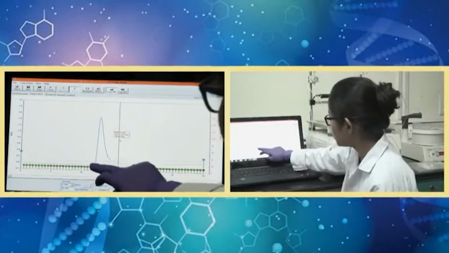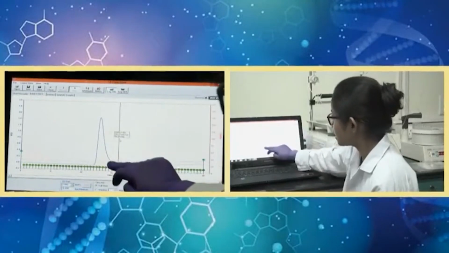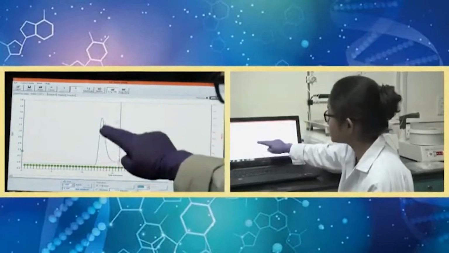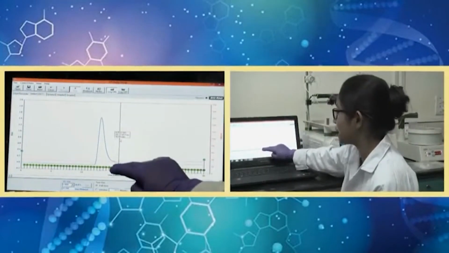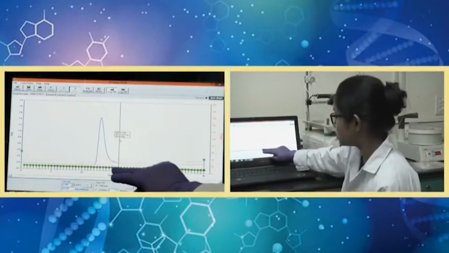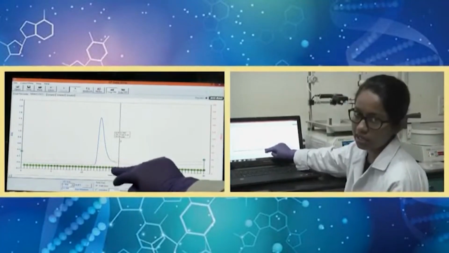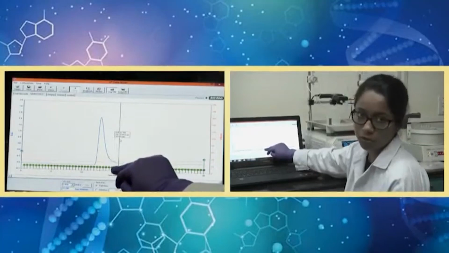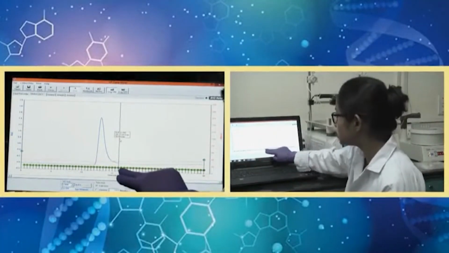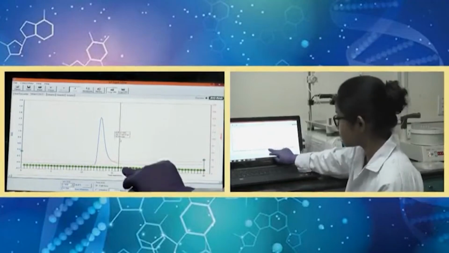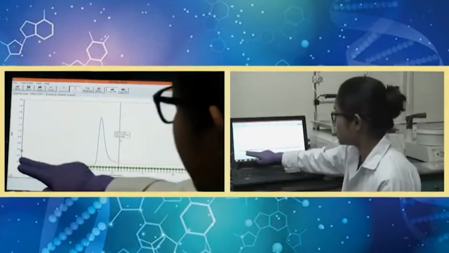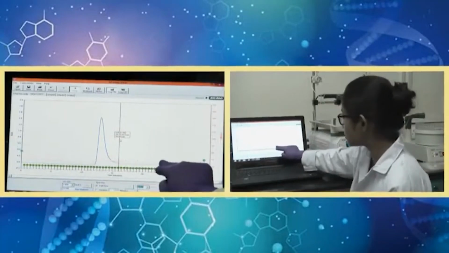The blue line denotes the absorbance value at 280 nanometer. Whenever you see a spike at 280 nanometer, it means that these fractions contain some protein. In our case, it is our own protein of interest which has a 6x His tag. Now you collect these fractions and run them on SDS-PAGE to check the purity of your protein. The red line denotes the conductance of the solution.